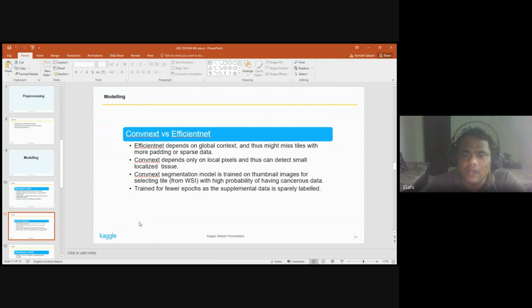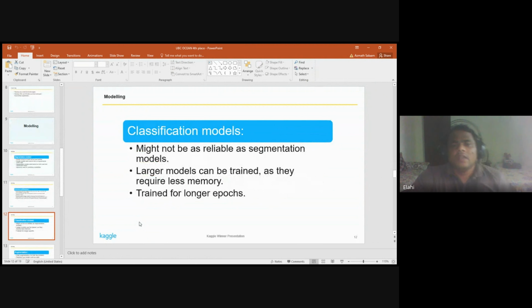It depends only on the local pixels and doesn't depend on the whole context. So I have trained a ConvNeXt model on thumbnail images to select the tile with the most probability of having a cancerous part. After training it on the thumbnail images, I have used that model to select the tiles in the remaining WSI images.